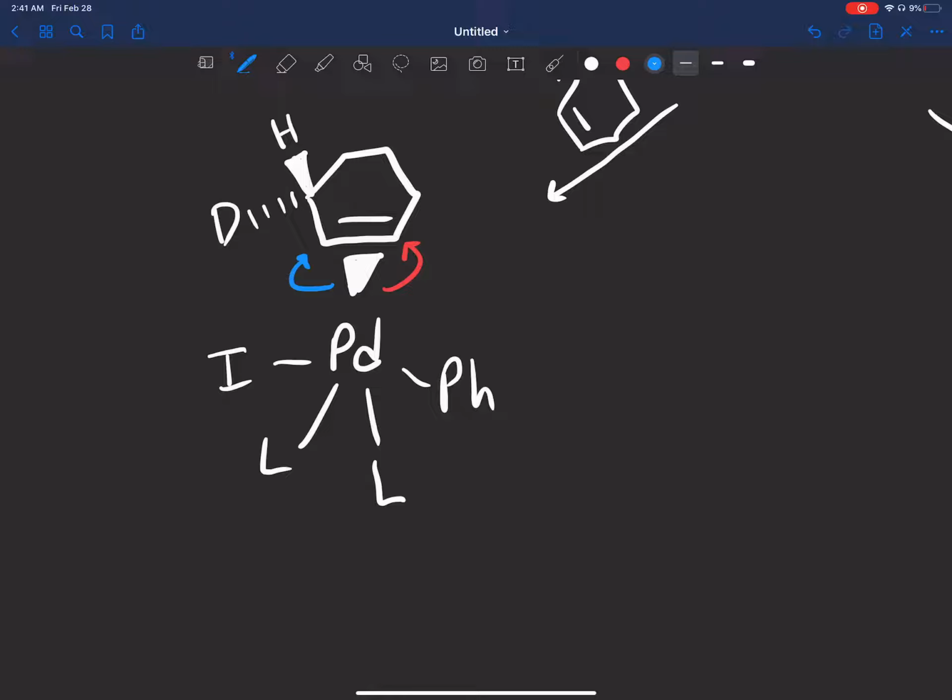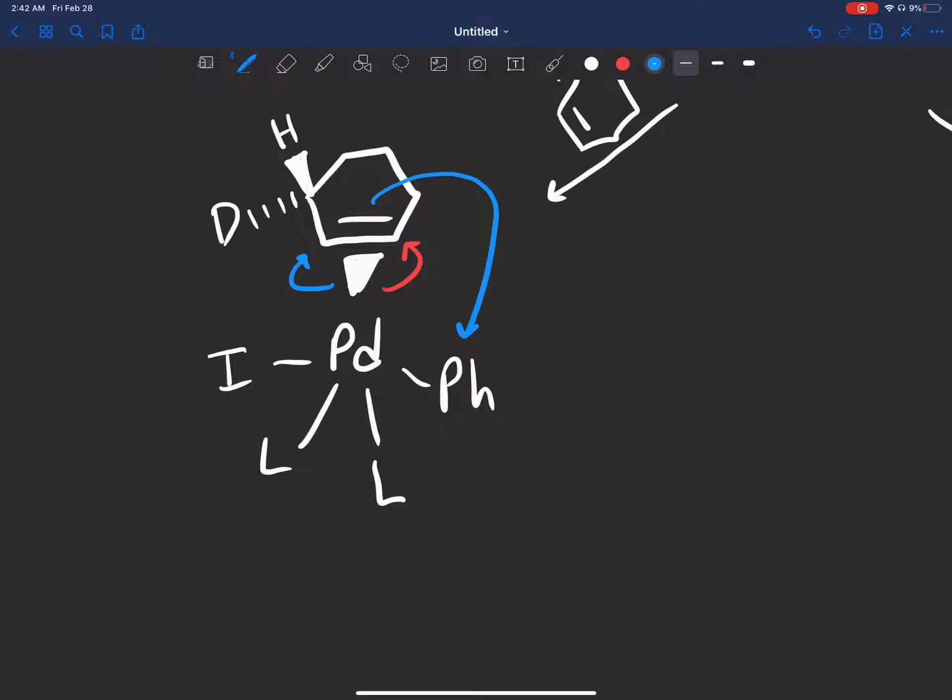The arrows I drew are essentially, imagine that bond is connected to the metal and it's shifting. And we're going to have to draw one more set of arrows. This double bond essentially is going to attack that phenyl group. And so it's going to go this way.